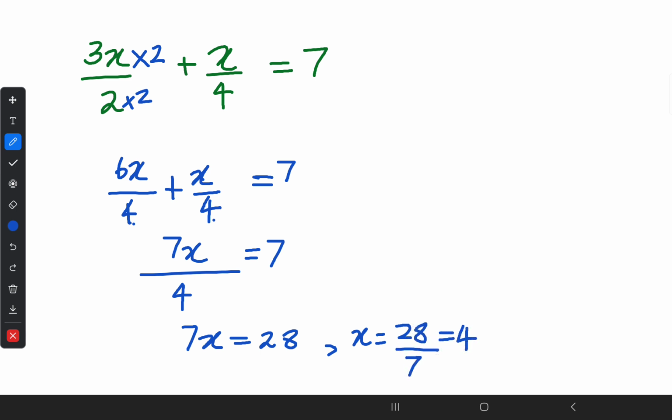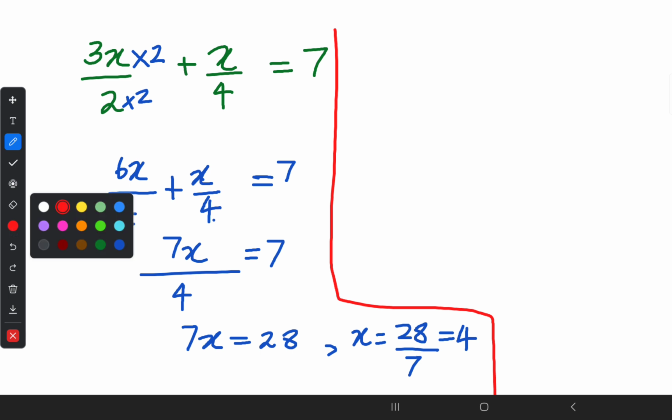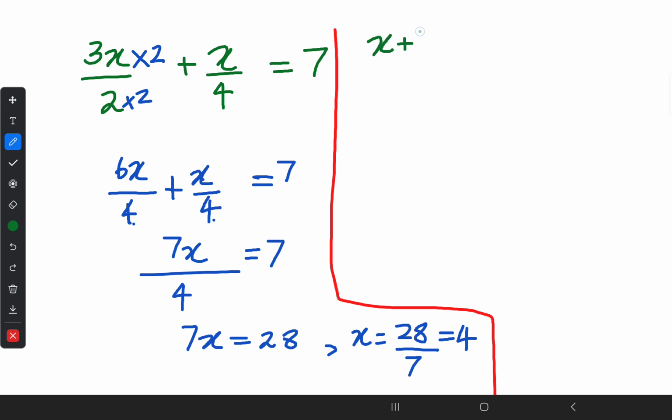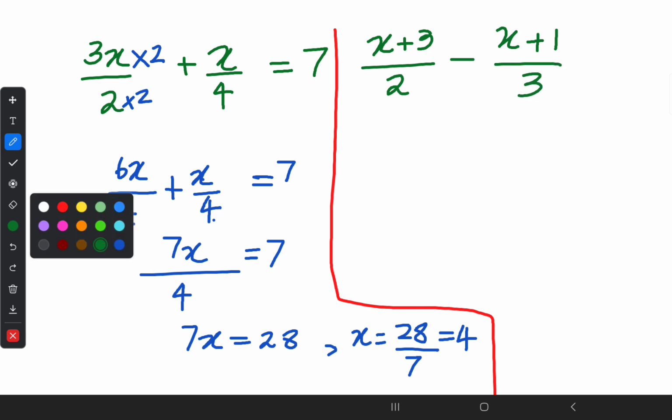If the denominators are not the same in fractions, you have to find their equivalent fractions, multiplying to produce common denominators. Thereafter you can add the fractions. And one more question. Here I have (x + 3)/2 minus (x + 1)/3. Here also the denominators are not the same, so I will multiply.